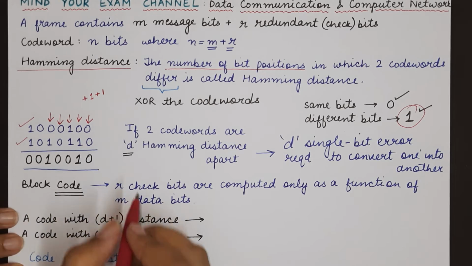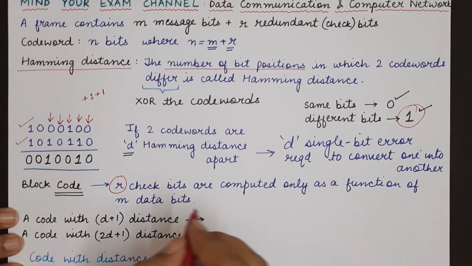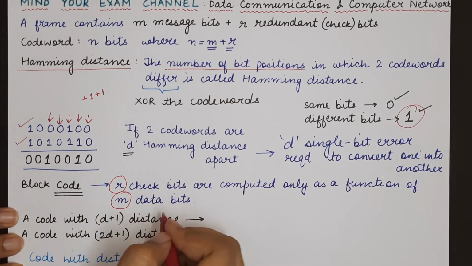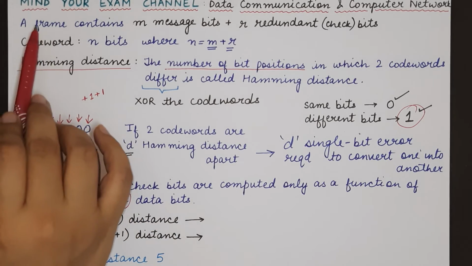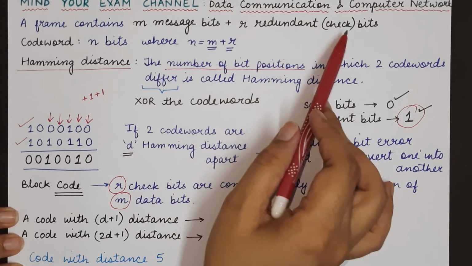A block code is a code in which the R check bits are calculated only using the M data bits. We said that a frame consists of M message bits or data bits and R check bits.